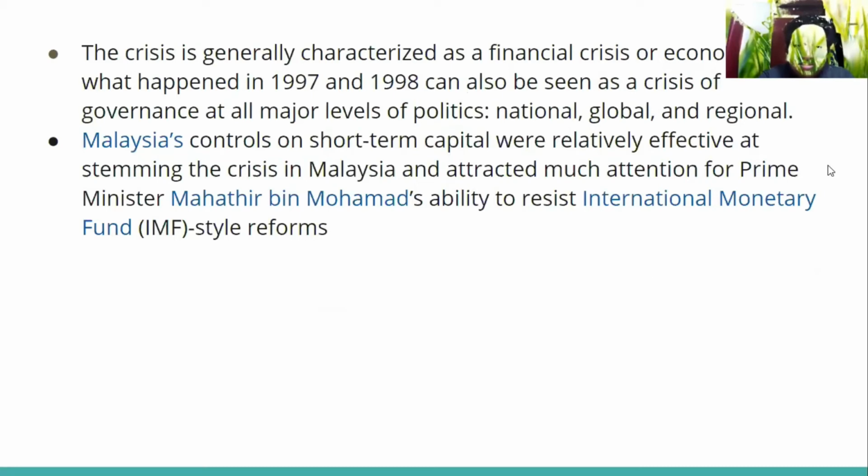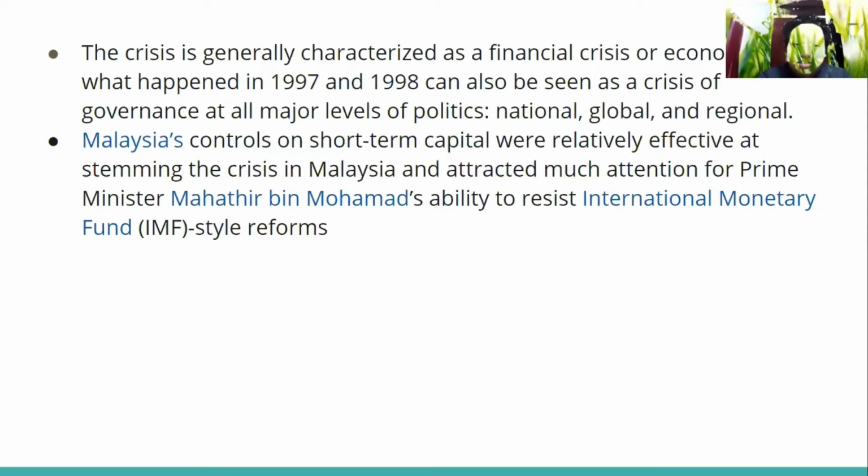The crisis is generally characterized as a financial crisis or economic crisis. What happened in 1997 and 1998 can also be seen as a crisis of governance at the major levels of politics: national, global, and regional.